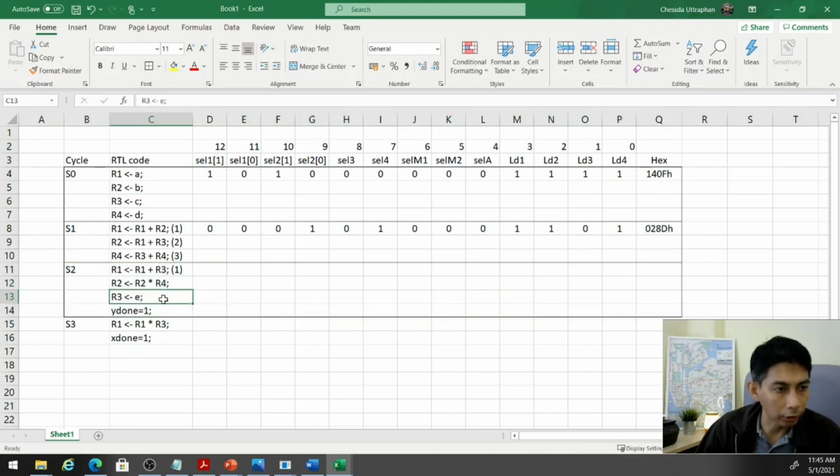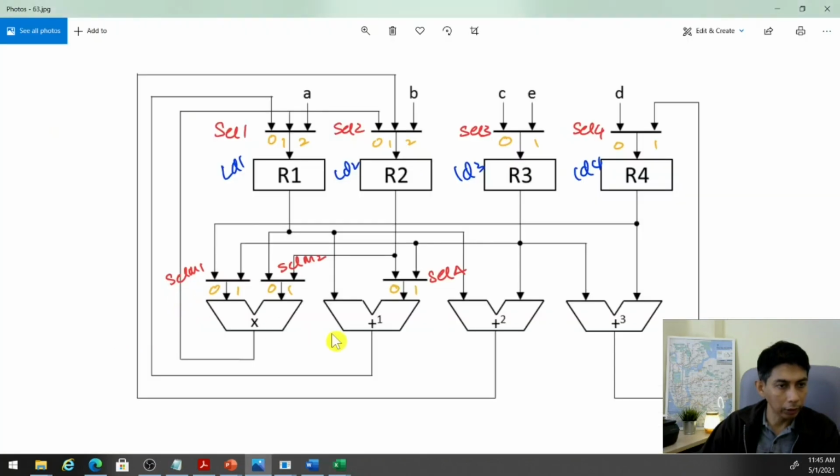we have 3 operations as well. The first one, R1 takes the number 1 input, go to R1, so it should be this, 0 0.